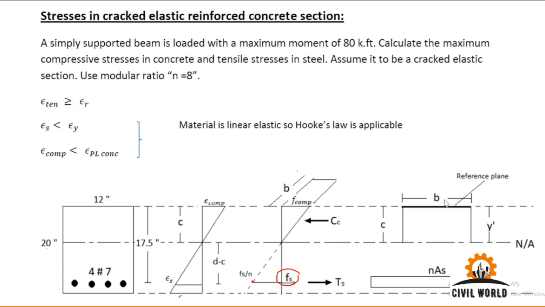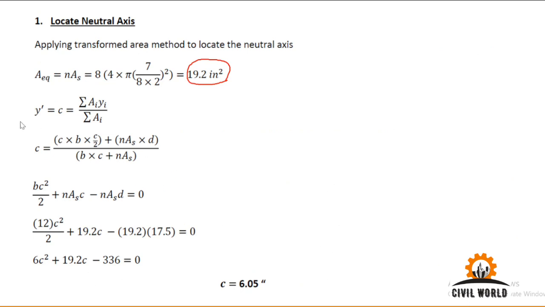So you can redraw this section. You have concrete in compression and steel in tension, which is represented as equivalent concrete area nAs, and its value is 19.2 square inches. Now we will use the same equation which we used earlier to locate our neutral axis.